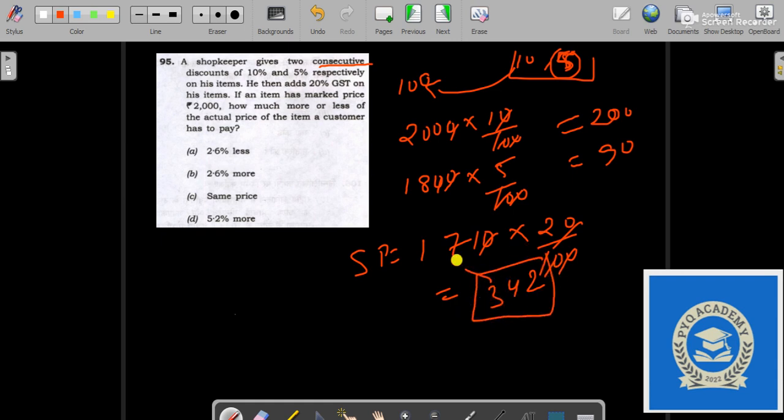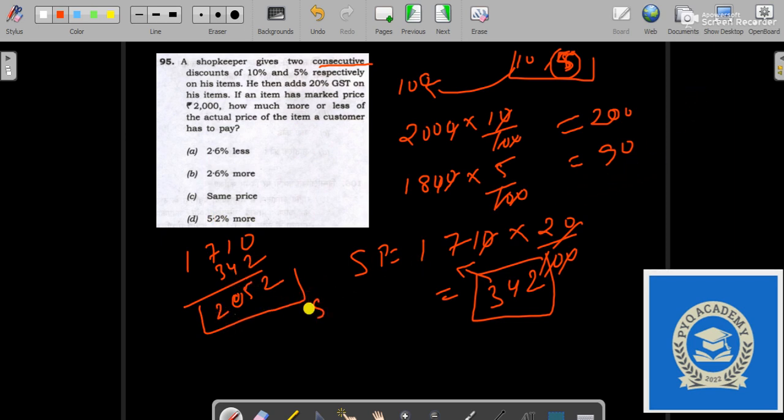It will be added to this number, 1710 plus 342. So in total it is 2052 that the customer has to pay. So it is 52 more than the original one.